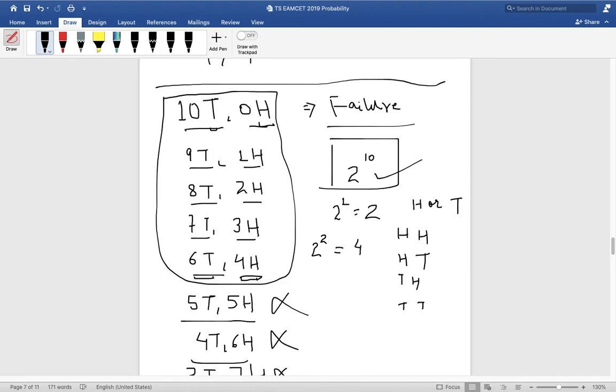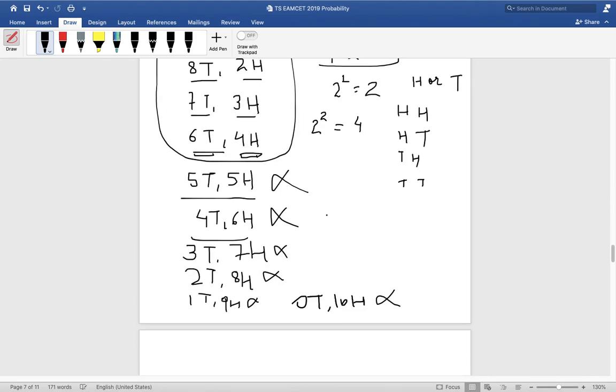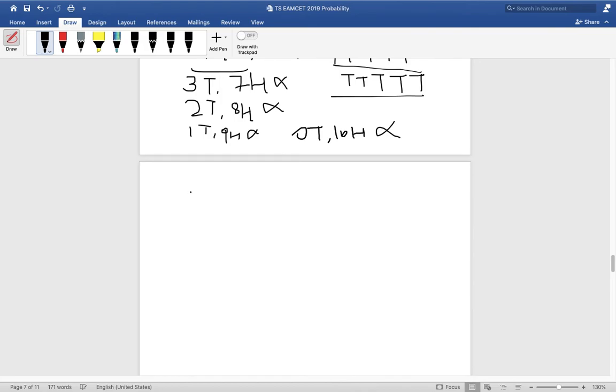Now I have to find out the number of ways in which I can get 10 tails and 0 heads. Tail, tail, tail, tail, tail, tail, tail, tail, tail, tail. 10 tails. Only one way to express this. So one way for 10 tails, 0 heads.